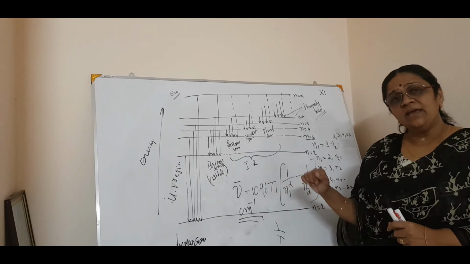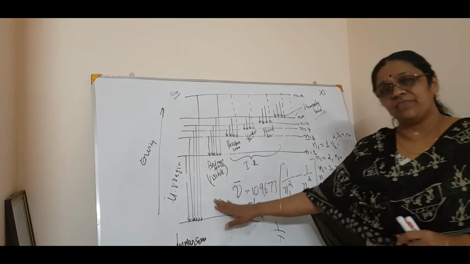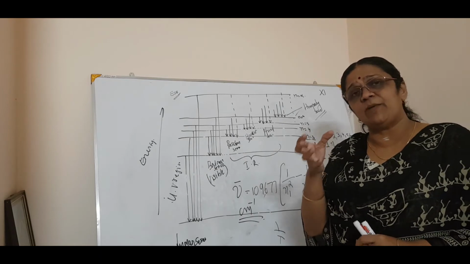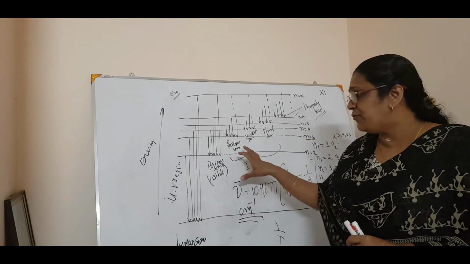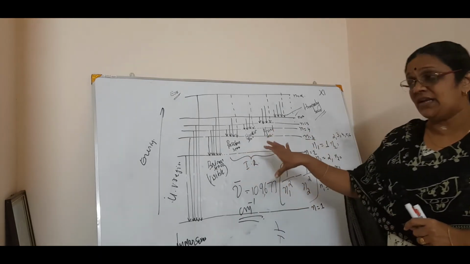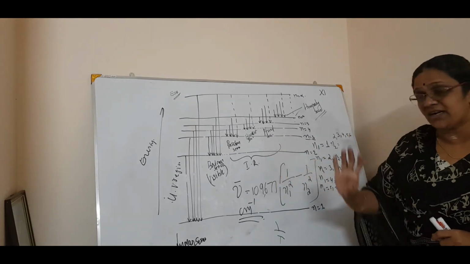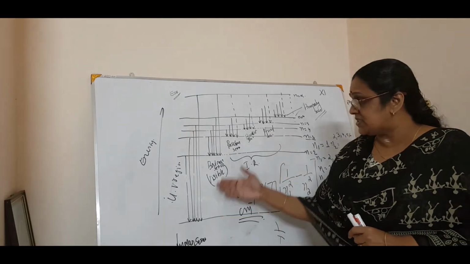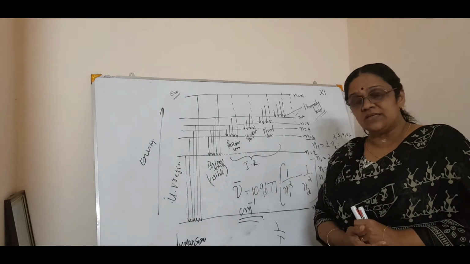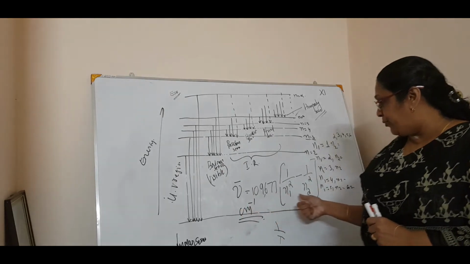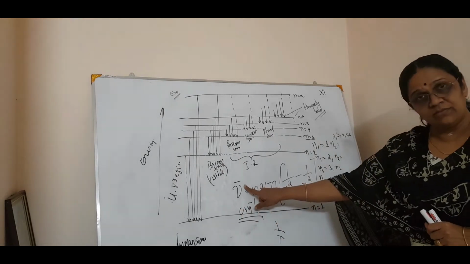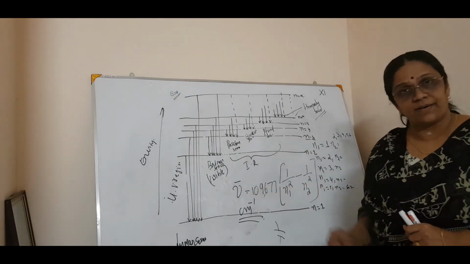And you know that each line spectrum of a given element is unique. For example, if you see this spectrum, you can very well say that this is the spectrum of hydrogen atom, because this contains so many series which are named after the scientists. And the wave number you can put in to get the value of various lines of nu bar.